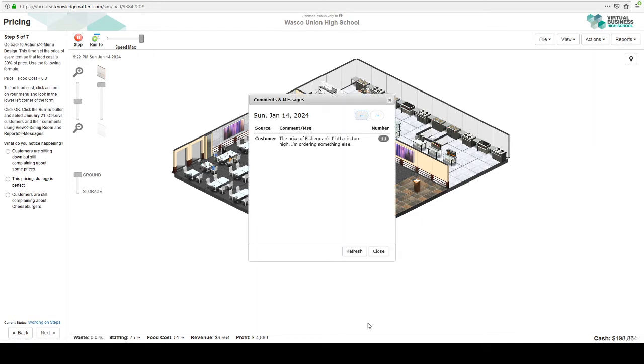Oh, there we go, fisherman's platter is too high, even though we used the formula. So the formula is a guideline. Keep that in mind. You always want to charge the highest that your customers are willing to pay. And that'll make up for things you're losing money on like this.